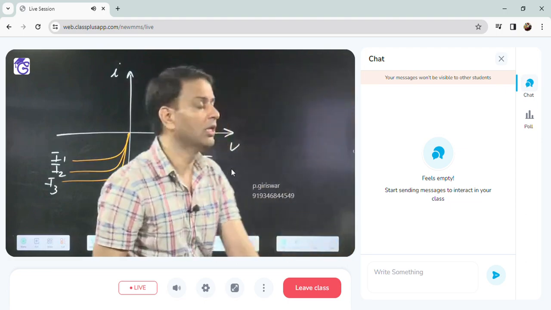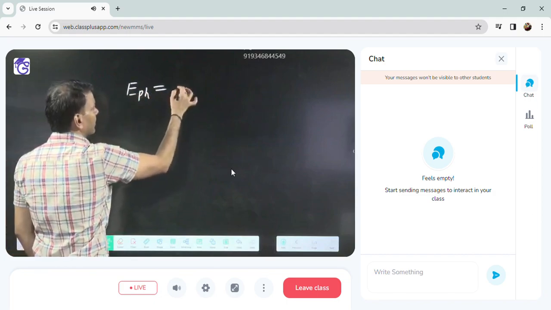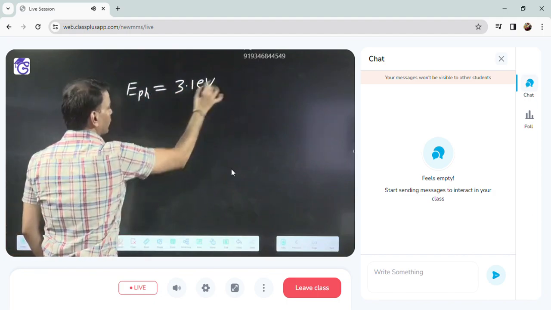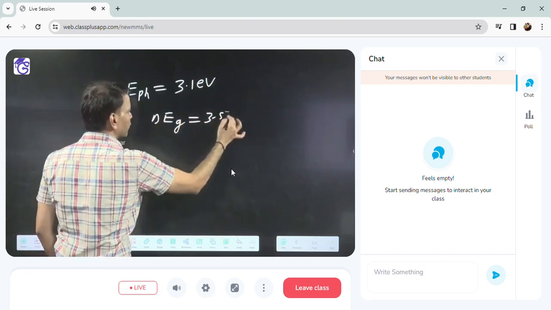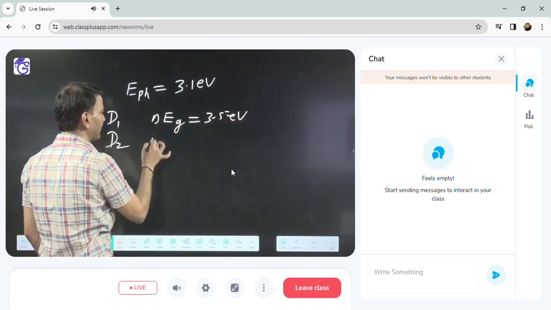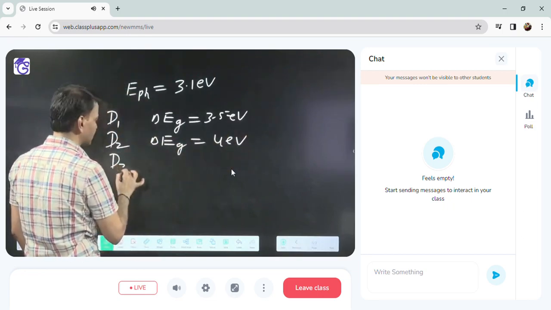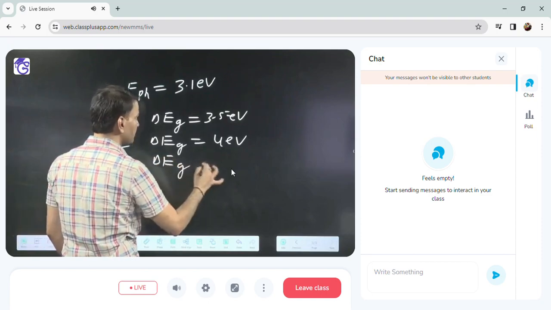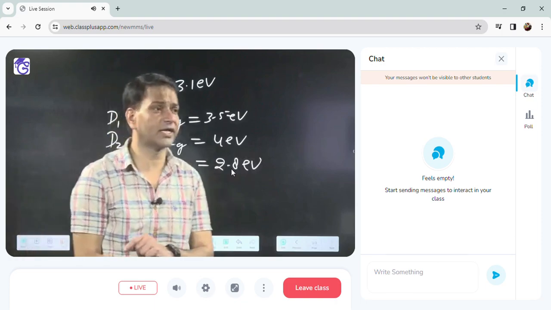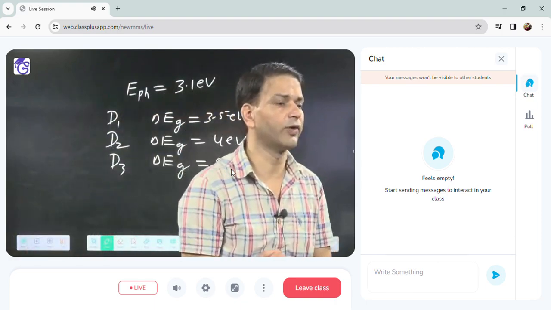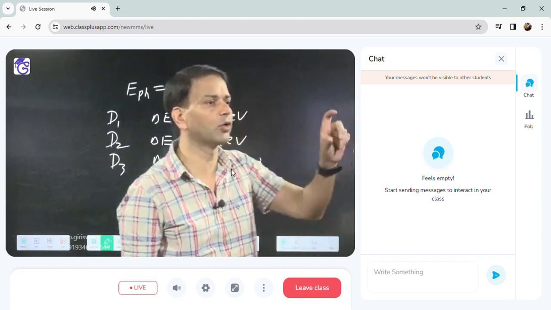Yes or no? Like, suppose the energy of the photon I gave is 3.1 electron volt. Diode D1 energy gap I gave 3.5 electron volt. Diode D2 energy gap I gave 4 electron volt. Diode D3 energy gap I gave 2.8 electron volt. Now which diode will detect this radiation? If I am given the wavelength, I can find the energy using the formula 12,400 upon lambda.